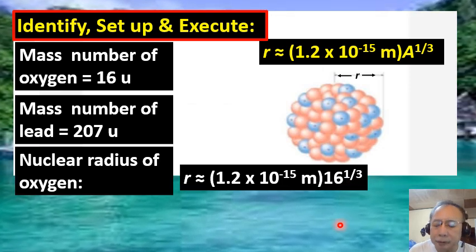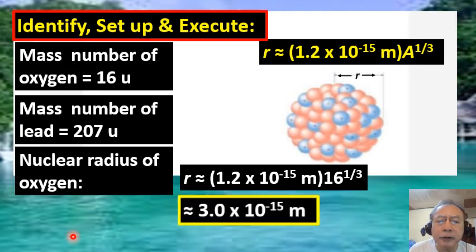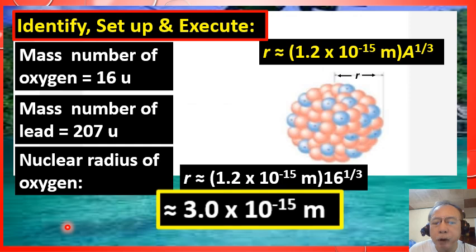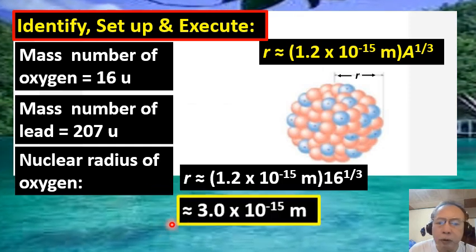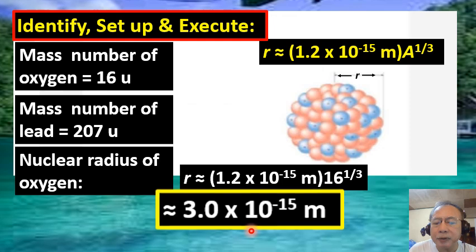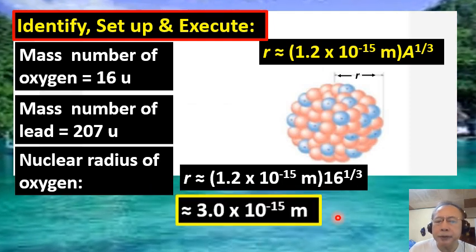So when we do our math, we find that the nuclear radius of oxygen atom is approximately equal to 3.0 times 10 to the negative 15 meter.